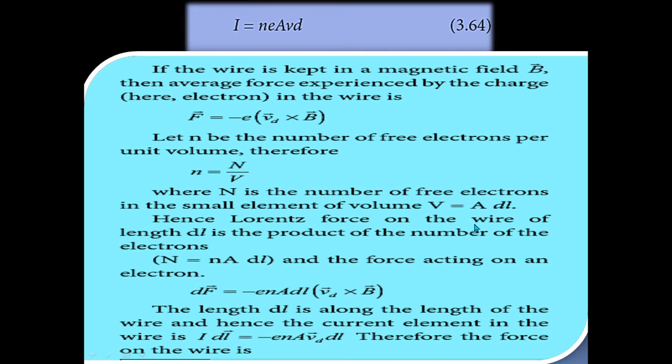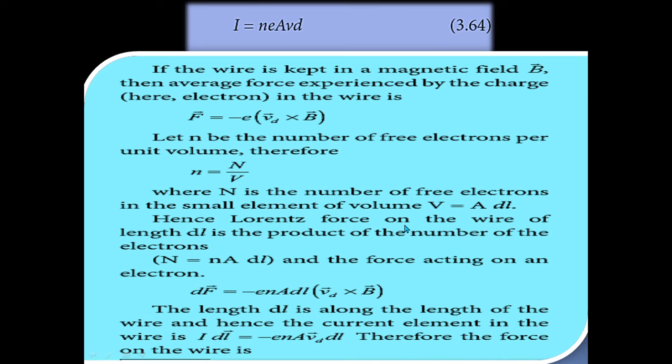So V is capital A into dl, where N is the number of free electrons in the small element of volume, which is the length of the small segment of wire.